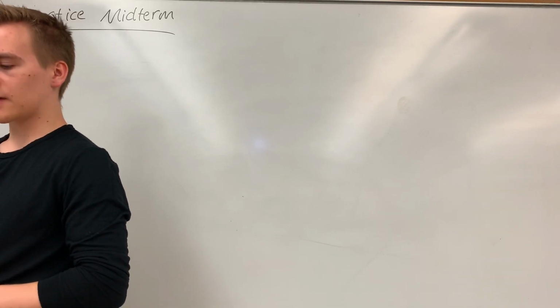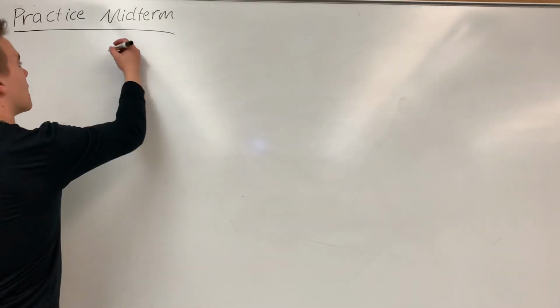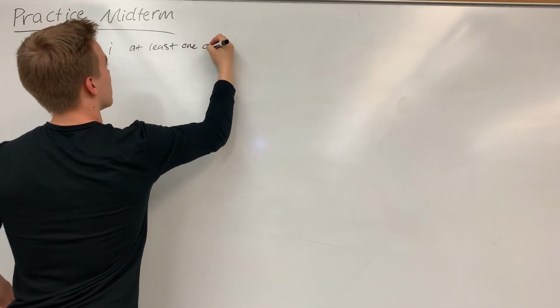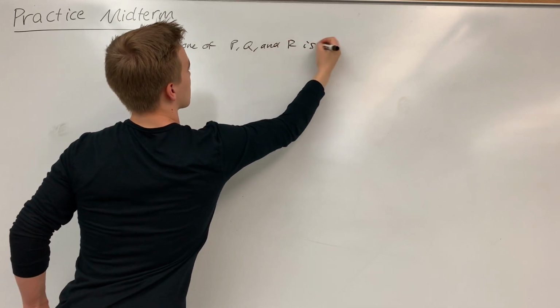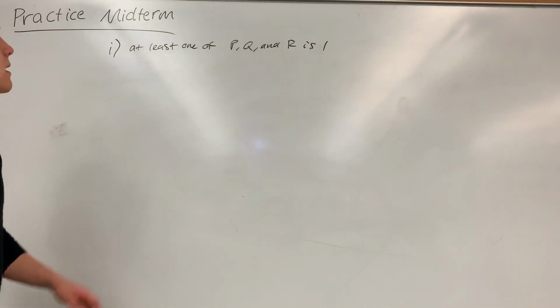You need not justify correctness. Okay, let's just write these out. At least one of p, q, and r is 1. Okay, so I think I'd probably do this.